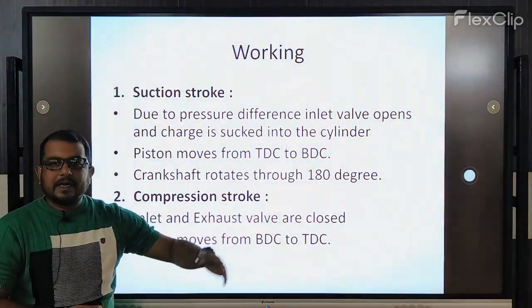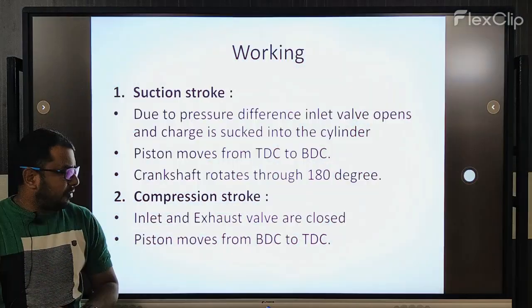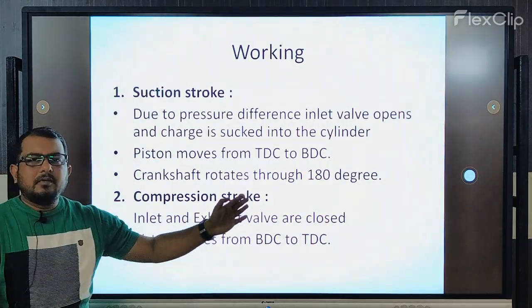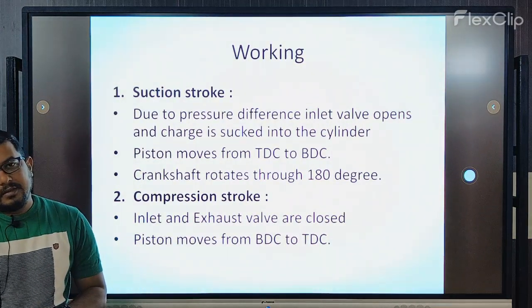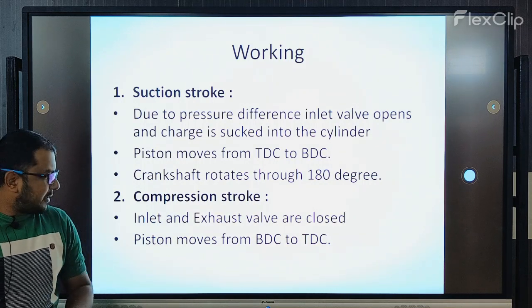The crankshaft rotates through 180 degrees. The second stroke is the compression stroke. The inlet and exhaust valves are all closed in this operation, so as to prevent the mixture from moving out of the cylinder.